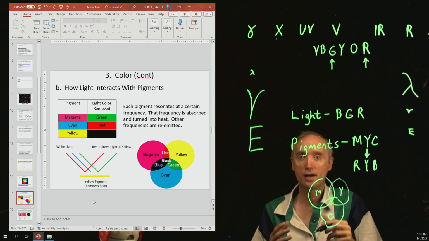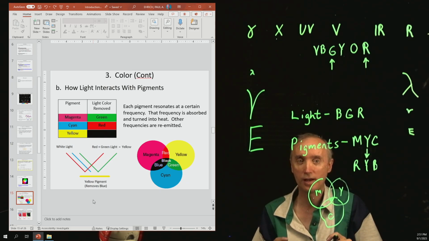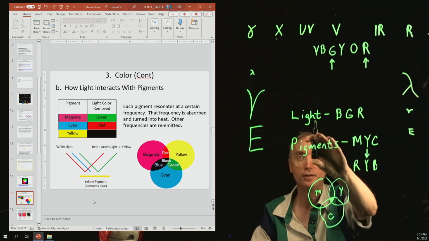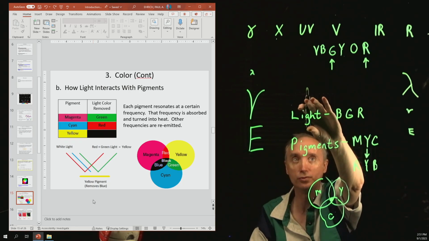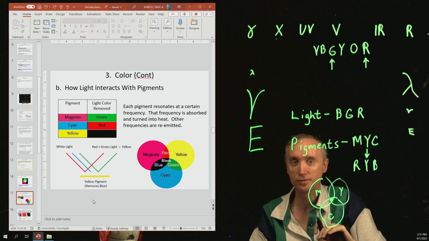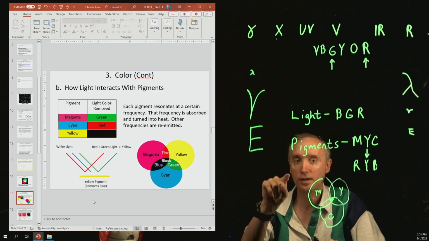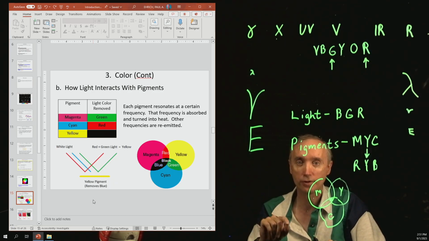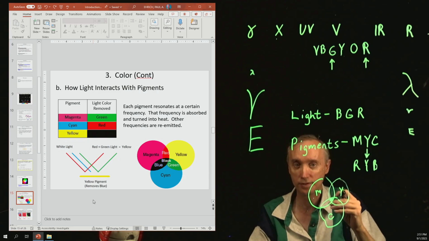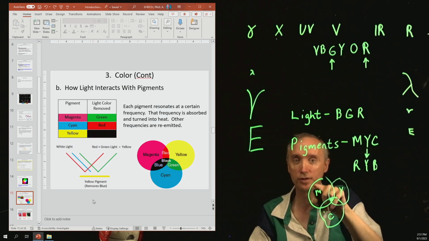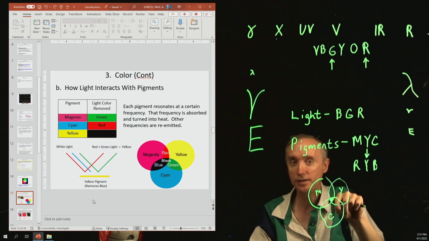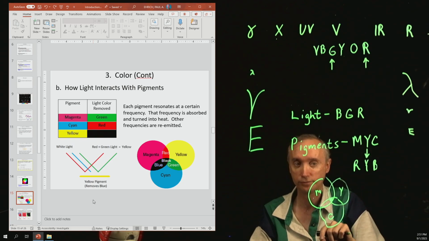So how do we tie this together? How do we tie pigments into light colors? In the upper left-hand corner there, I've got the three pigments listed: magenta, cyan, and yellow. And notice that the pigment magenta will remove the light color green.